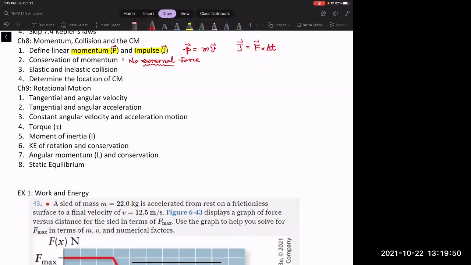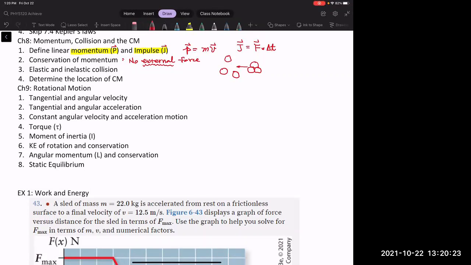For example, if you have 3 balls connected with each other, and you throw this one out, and suddenly an explosion happens in the 3 balls, they will start to separate. That explosion is an internal force. It's not an external force because it happened internally.